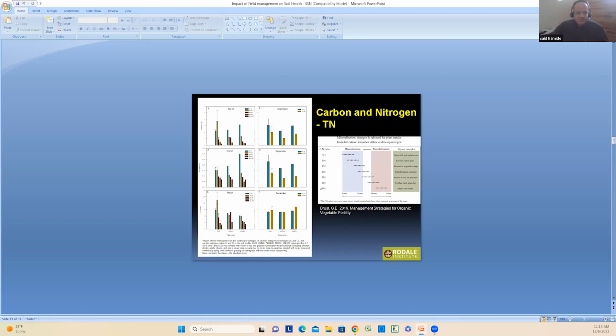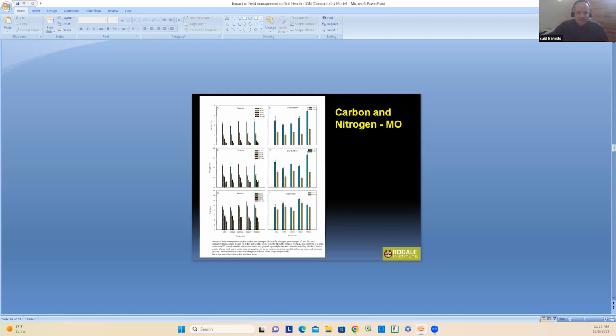The only problem we found was at 10 to 20. We are working on this, trying to see what the problem is with that portion of the soil. But other than that, it's going okay in Tennessee. And the same in Missouri, you don't have any problem. But we have seen impact of treatment from one to another.